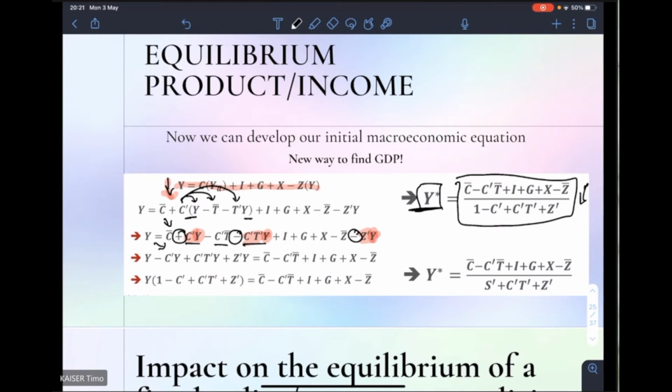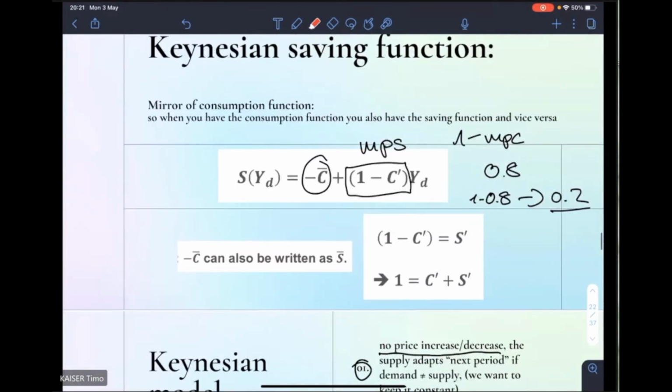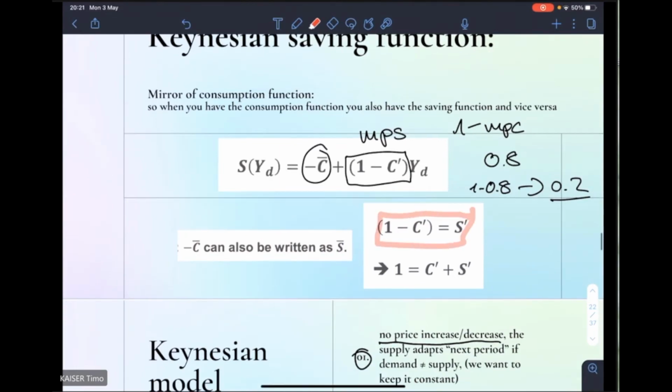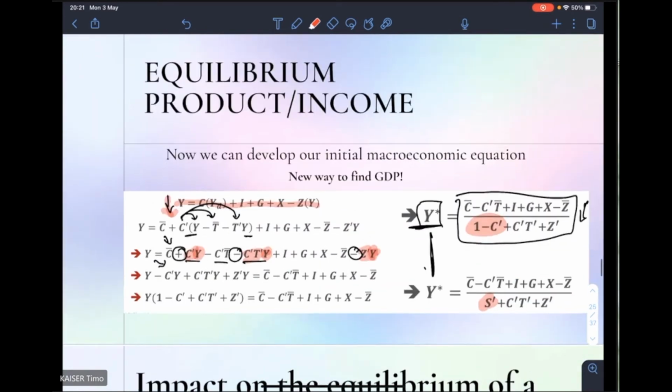Just to simplify it, the difference between these two is actually only in here, because we know that 1 minus C prime is nothing else than savings S prime, as we discussed before in the savings chapter right here. It's the same thing. Okay, so that's actually how you get to the equilibrium.